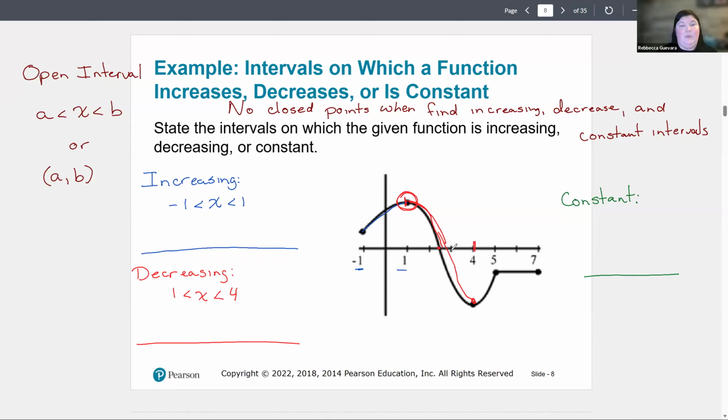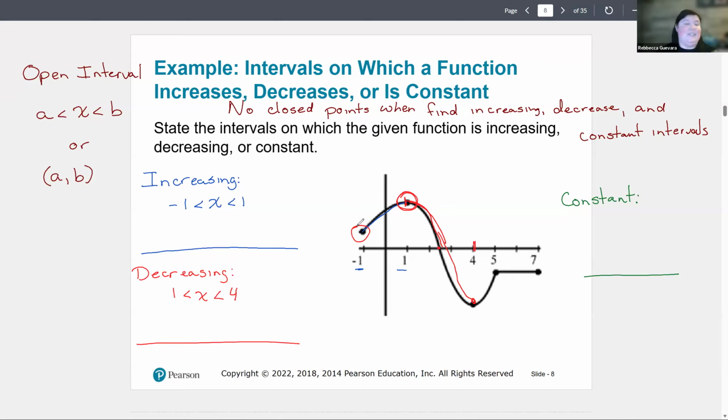So we just leave it open. Coming up to that 1 from the left, I'm increasing that entire time, and once I hit it, on the other side I start decreasing after that. So we just leave it open.